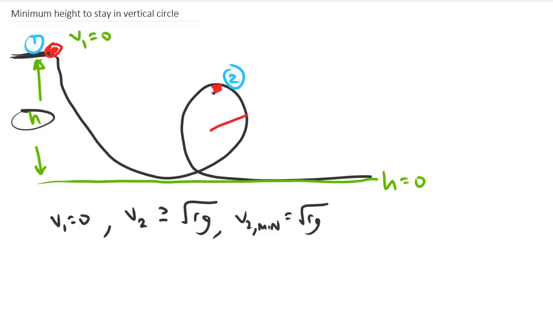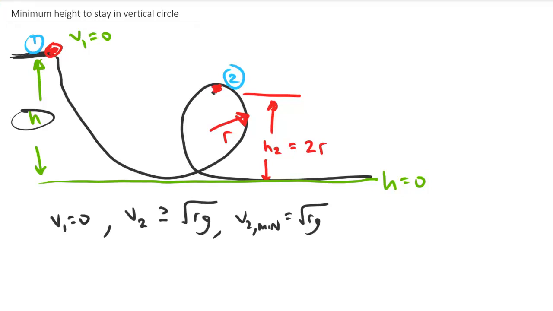So we know v1, we know v2. We also know something about the height at point 2. If the radius of this loop is R, then this height h2 is going to be equal to the diameter, which is twice the radius, so that's 2R.